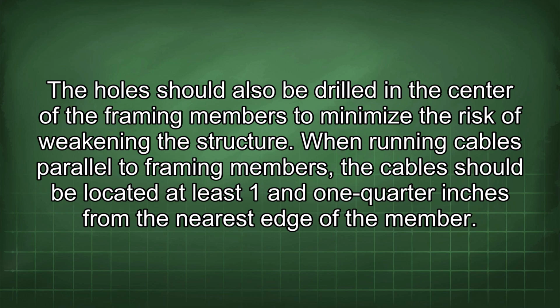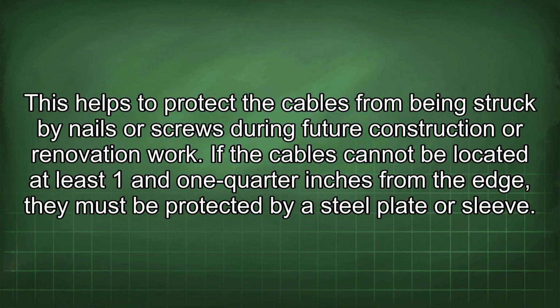When running cables parallel to framing members, the cables should be located at least 1¼ inches from the nearest edge of the member. This helps to protect the cables from being struck by nails or screws during future construction or renovation work. If the cables cannot be located at least 1¼ inches from the edge, they must be protected by a steel plate or sleeve.